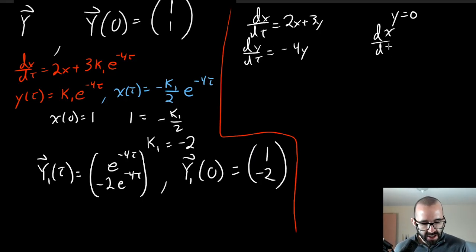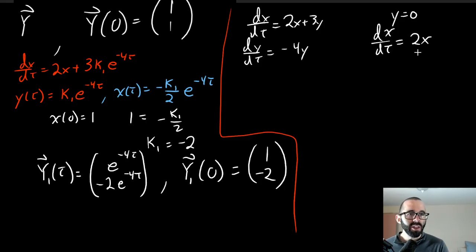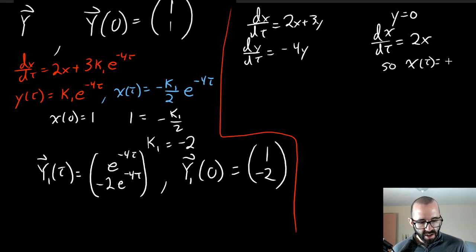And then what does dx/dt equal? Just 2x. So if y equals 0, that's another way of getting a solution. And again, you don't need to know where this comes from necessarily. Then x of t, we could solve this differential equation. It's going to be some constant times e to the 2t.